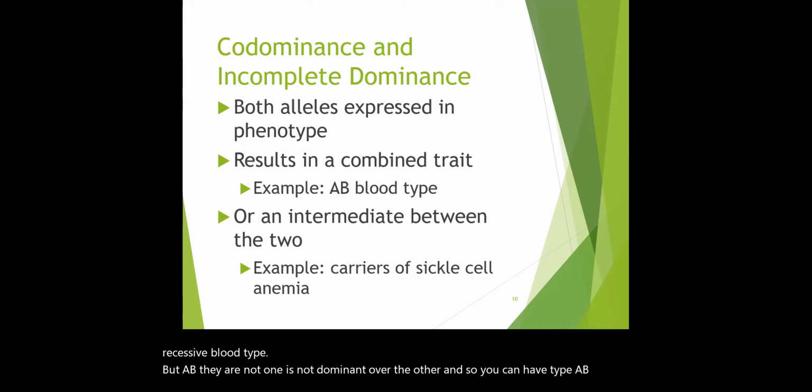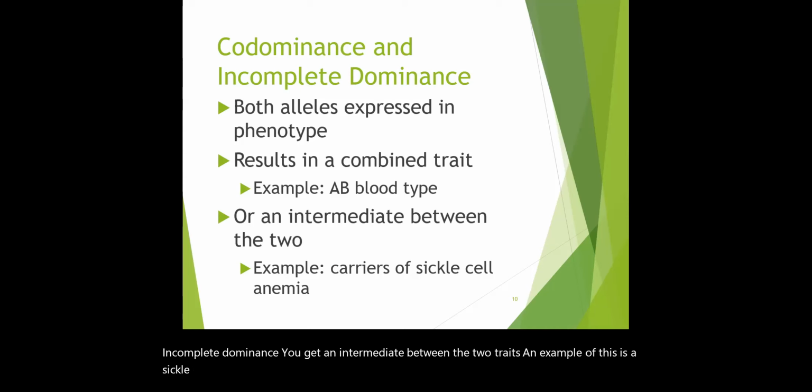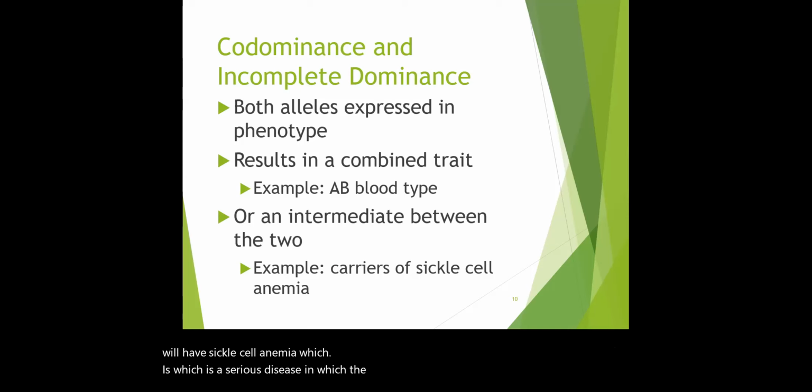In incomplete dominance, you get an intermediate between the two traits. An example of this is sickle cell anemia carriers. So if you have two recessive copies of the sickle cell anemia trait, you will have sickle cell anemia, which is a serious disease in which the red blood cells are sickle-shaped or crescent-shaped as opposed to round.